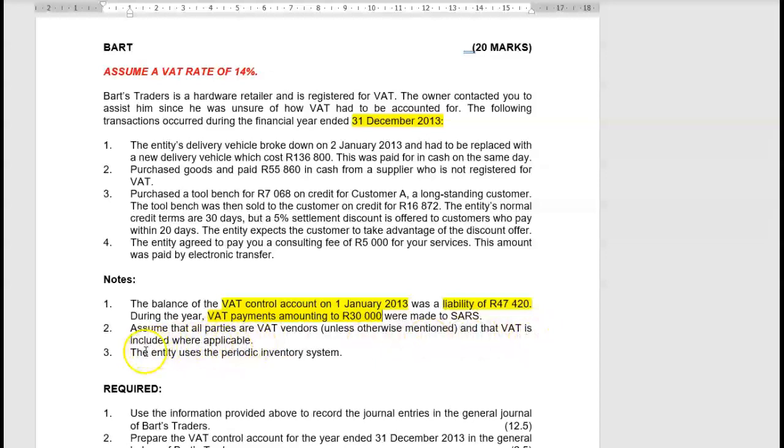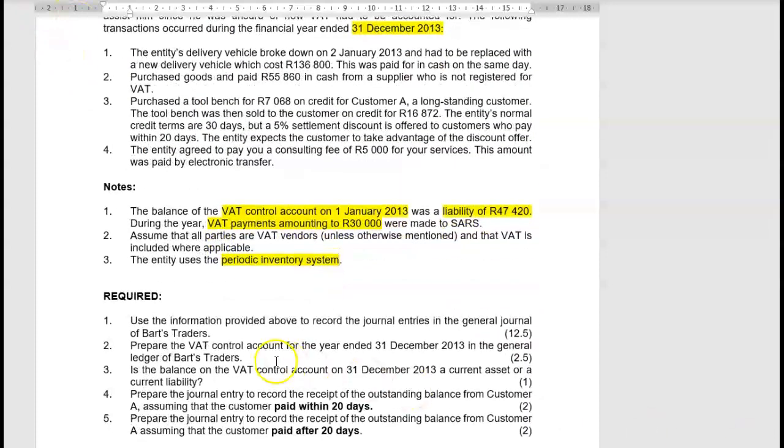This is the important sentence. The entity uses the periodic inventory system, also an important sentence. What I want from you is use the information and record the journal entries in the General Journal of Bart Traders. Prepare the VAT control account for the year ended 31 December in the General Ledger of Bart Traders.